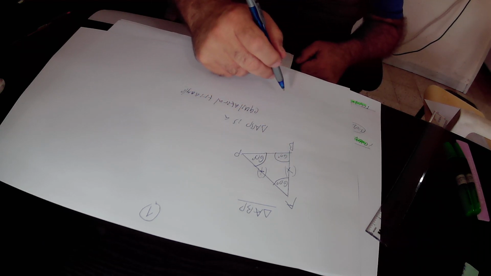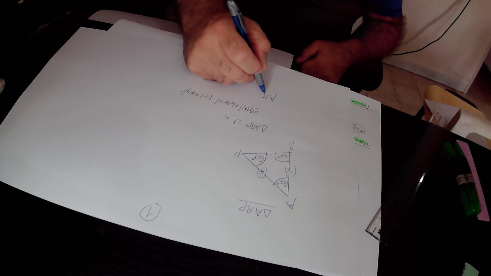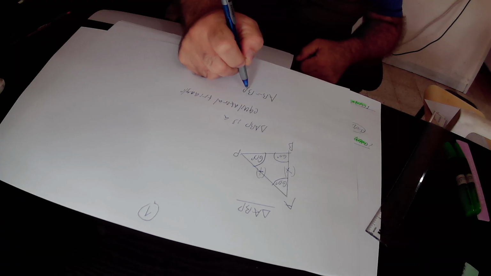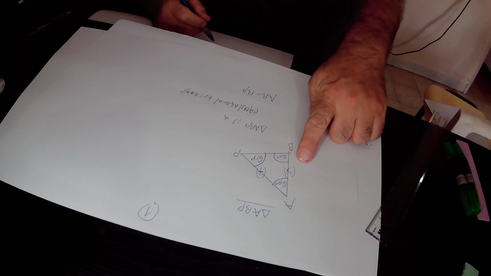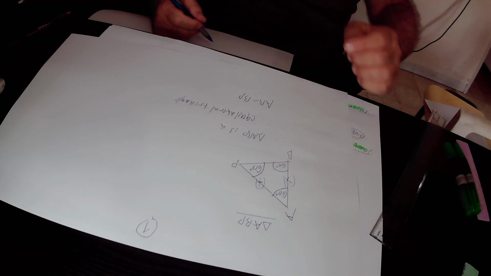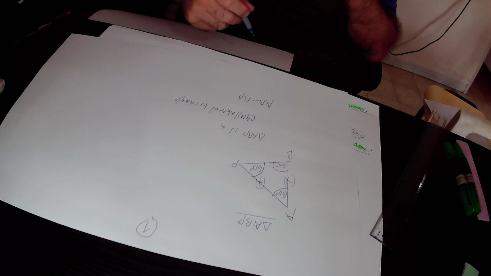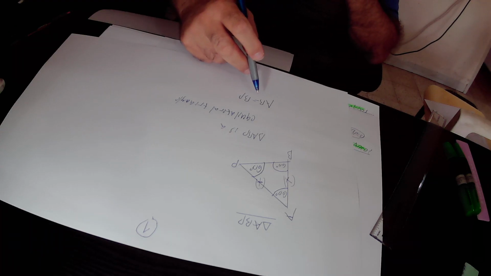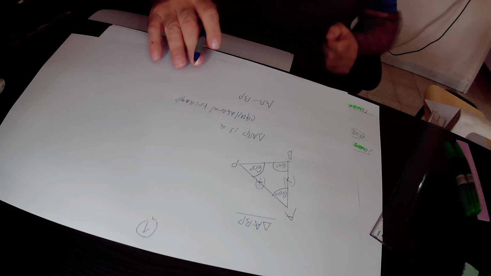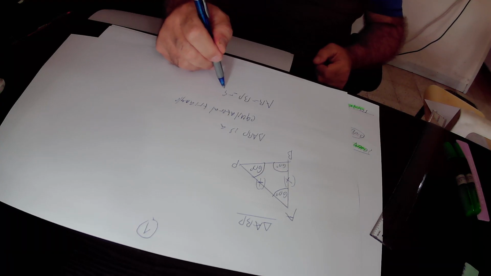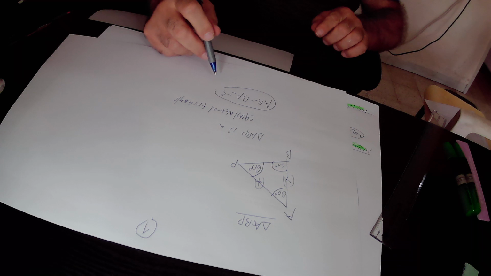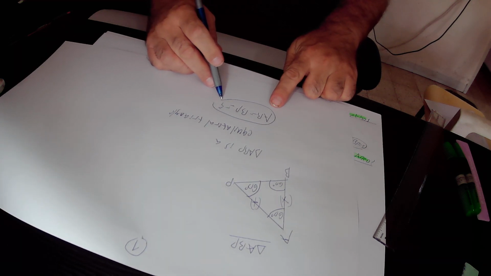So AB equals BP. AB equals x. BP equals 5 according to what is given in the question. And from this equation, AB equals BP equals 5. We know that AB equals 5 units in its length.